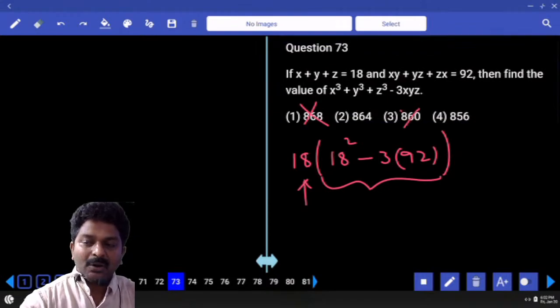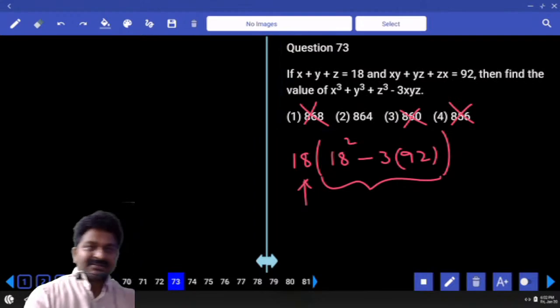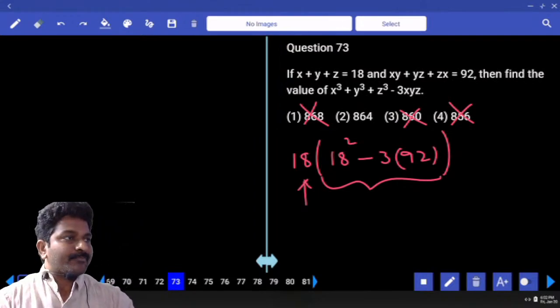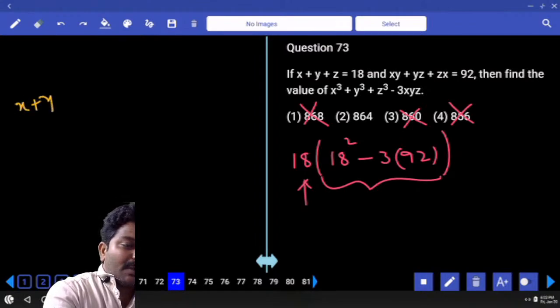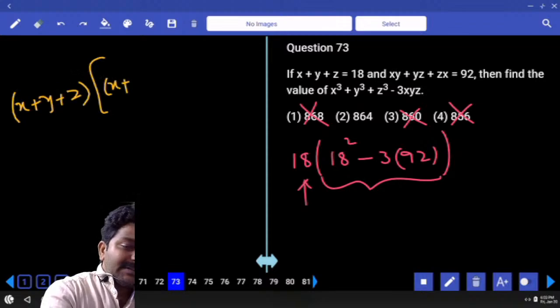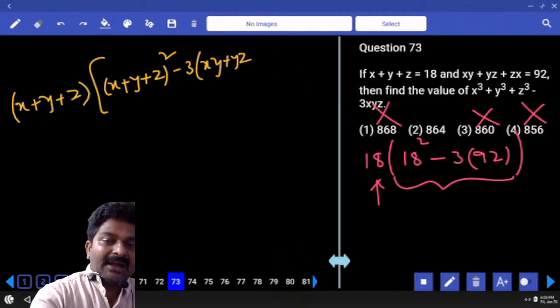Third option, no. Fourth option, no. There is only one 9 multiple, that's the final answer. I hope you know the equation, right? x plus y plus z into x plus y plus z whole square minus 3 times of xy, yz and zx.